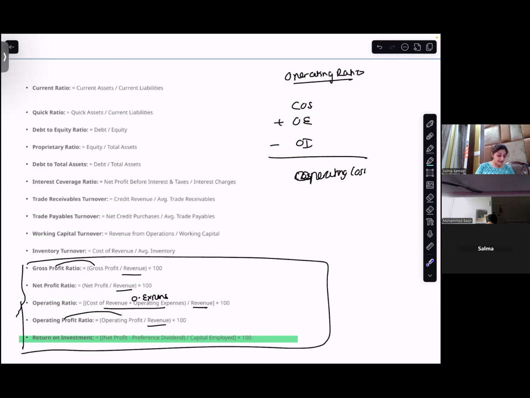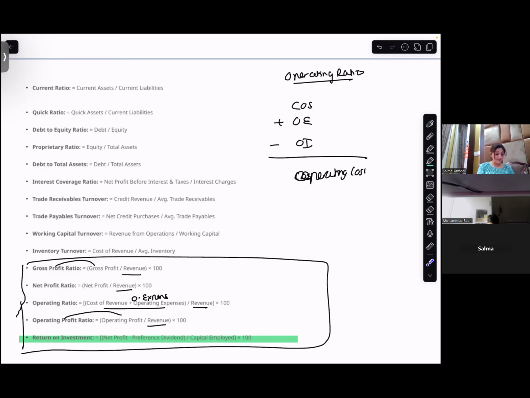How do you get capital employed? Capital plus non-current liability. What is the other formula for capital employed? Total liabilities minus current liability.